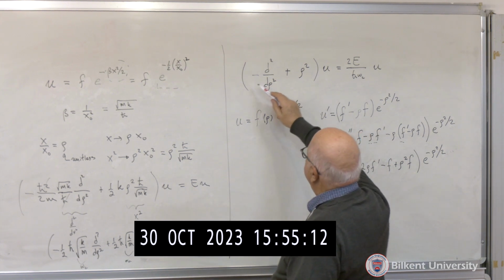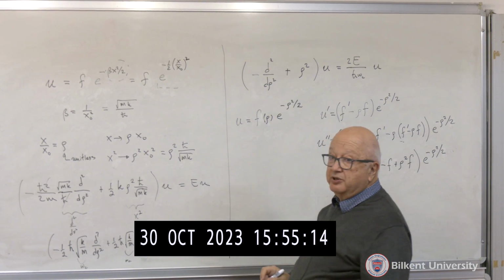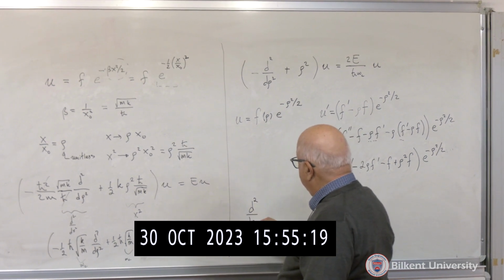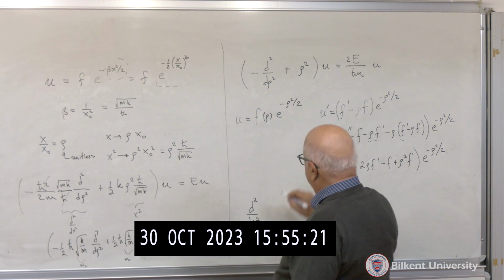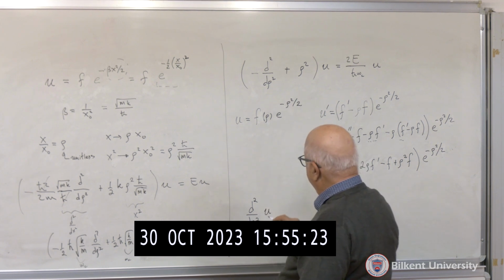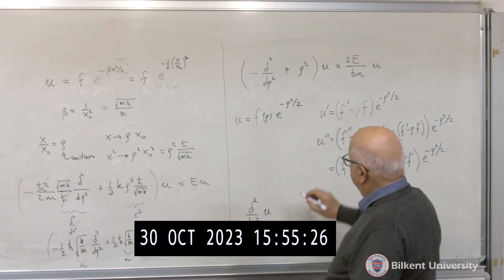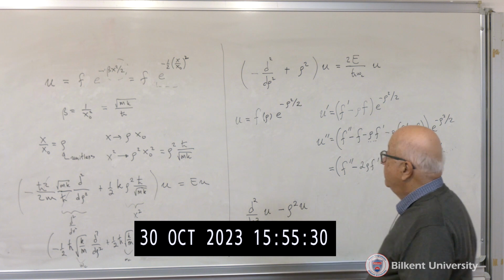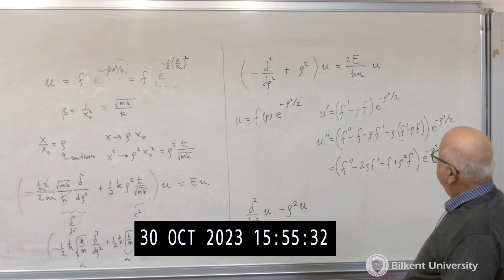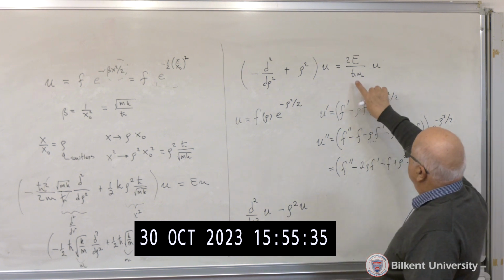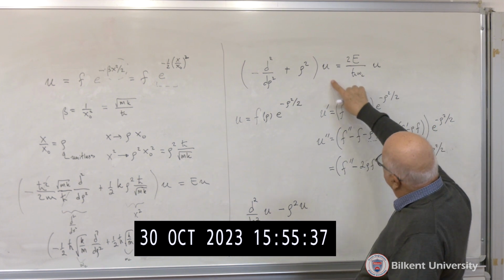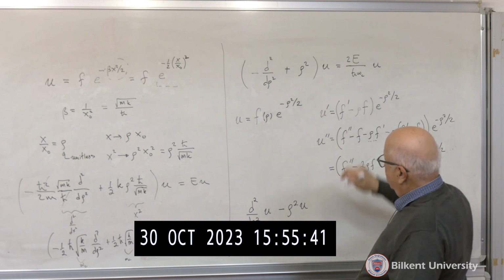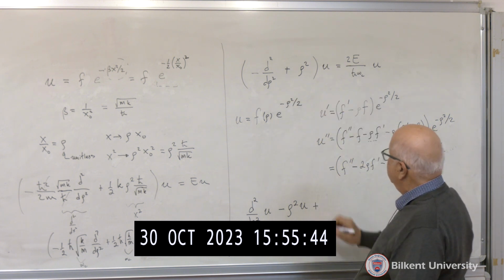I'm going to multiply this by minus 1, so I get d squared by d rho squared of u, minus rho squared u. Now this thing I'm going to bring to the left hand side, so it will be minus, but since I'm also multiplying by minus 1, it's going to be plus.